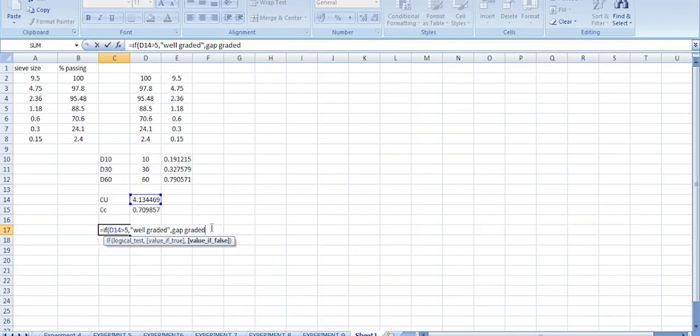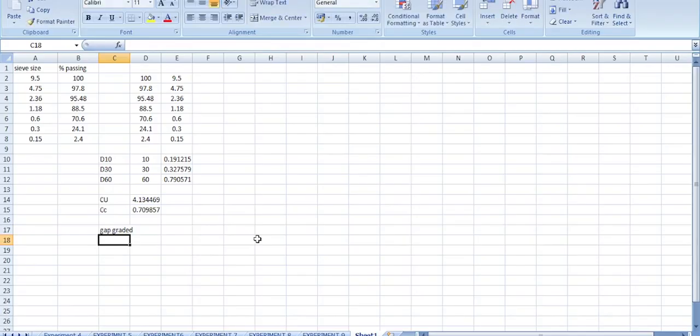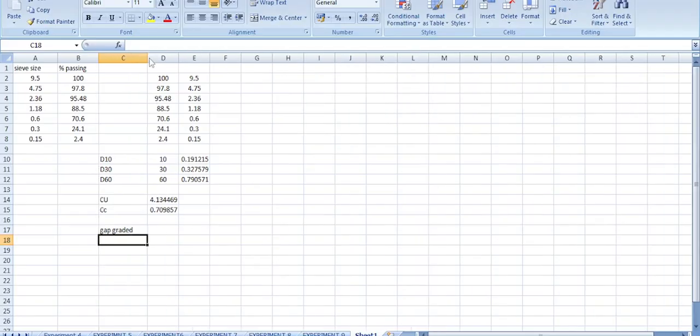So the same thing you did here, double quotation mark, you say gap graded, double quotation mark, and you cover your brackets. So you can see, can you see what happened here? Now the system is saying that the soil is gap graded.